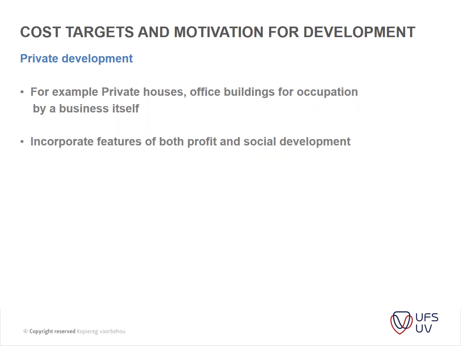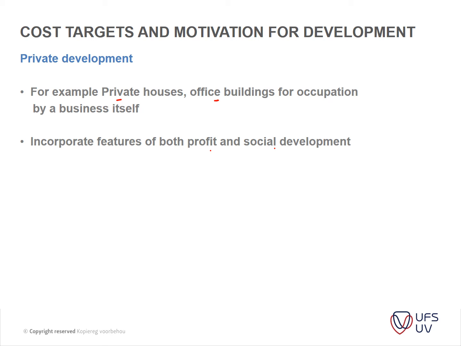Okay, so private development, for example, private houses, and office buildings for occupation by the business itself. It incorporates features of both profit and social development, so private developments can be both social and profit driven.